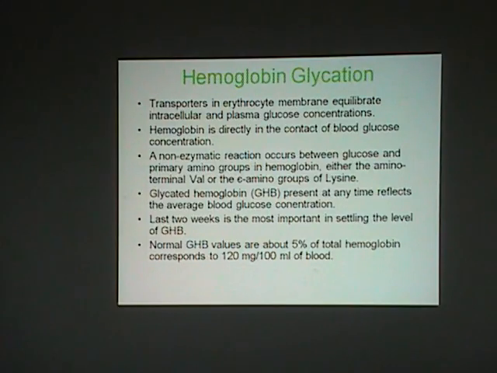Actually it has been calculated case to case. It varies, but when research is done, when this is the percentage, then what is the blood glucose level? It is measured at that time. If it is 5%, the blood glucose level is 120 milligram per 100 milliliter of blood.